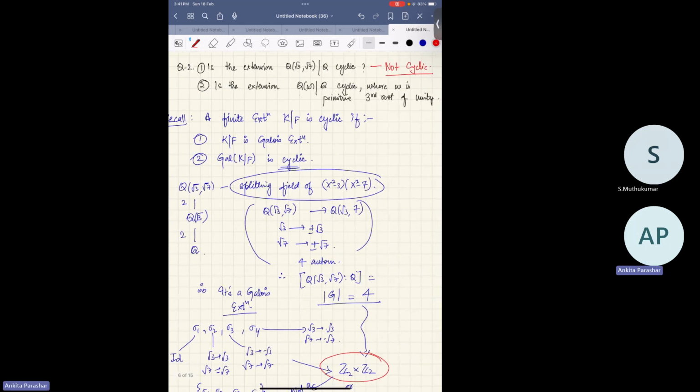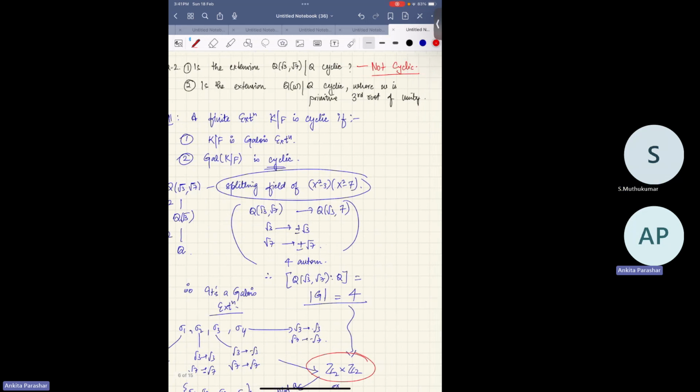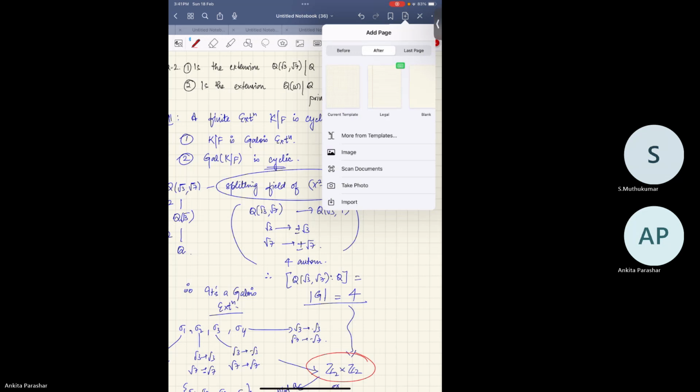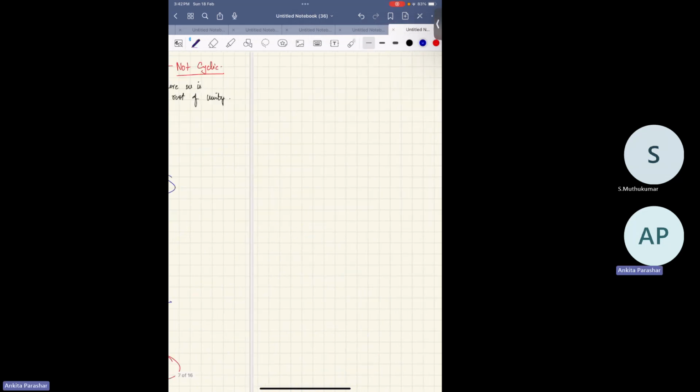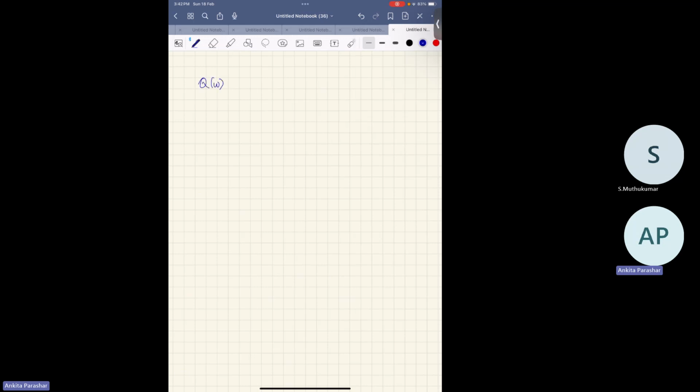What about this extension Q(omega) over Q, where omega is the primitive third root of unity? Let me write. First of all, is this extension Galois, where omega is the primitive third root of unity?